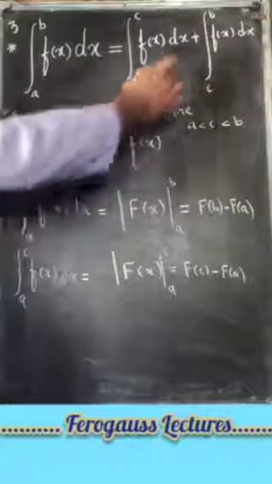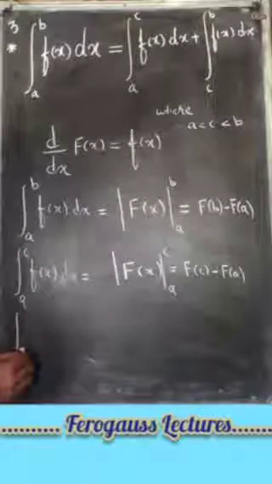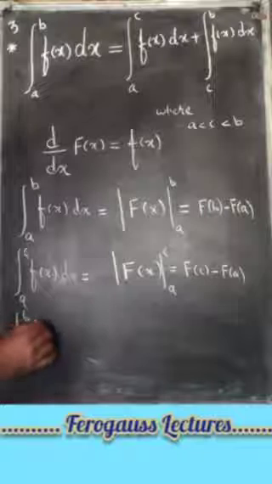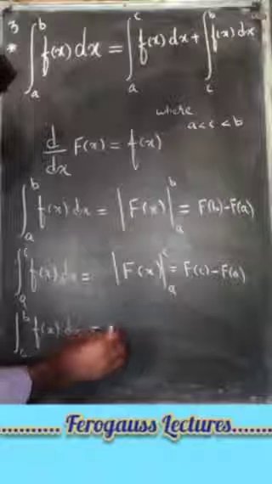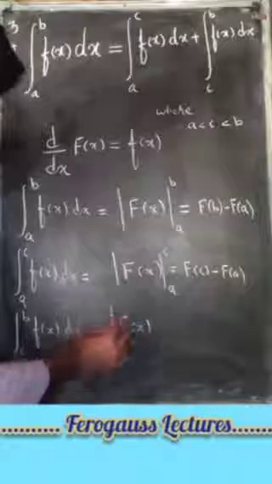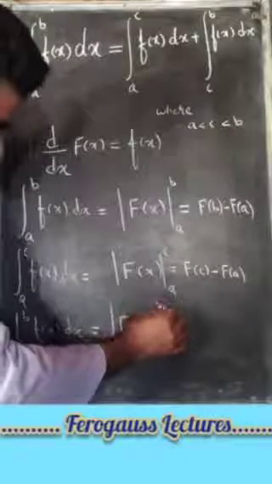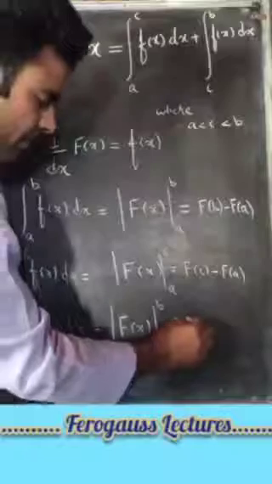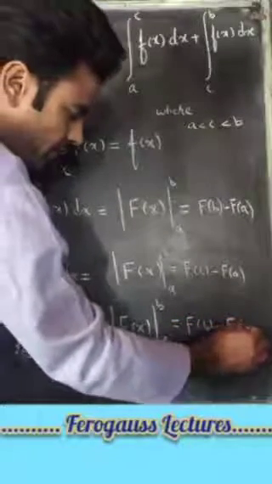Again, take this integral, it is from c to b f(x) dx, which is equal to capital F(x) with limits from c to b, and that is F of upper limit minus F of lower limit.